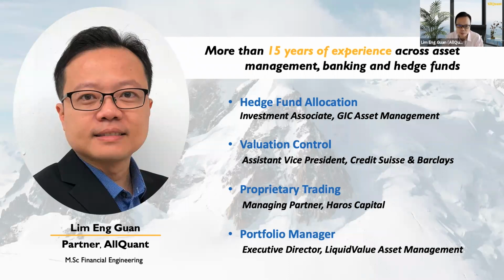I was responsible for valuation control matters on equity, exotic rates, and structured products that the banks trade with their institutional clients. After the stint in banks, I spent my next couple of years in proprietary trading before eventually joining a local hedge fund called Liquid Value Asset Management as a portfolio manager. At the hedge fund, I co-manage a multi-strategy fund together with my business partner, Patrick, whom you're going to meet shortly.